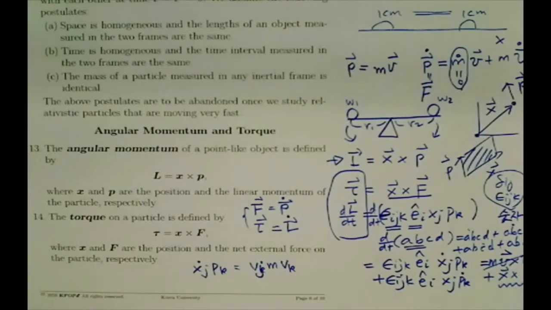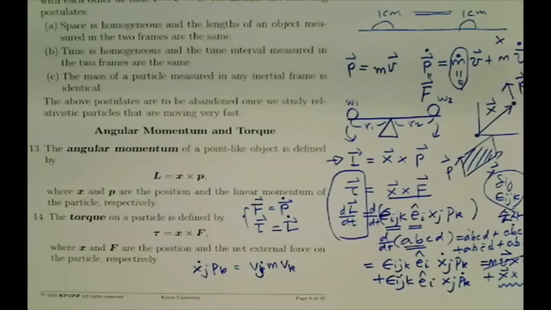Okay, next we consider angular momentum and torque. F equals ma is Newton's second law of motion for the linear case. However, Newton's law of motion is not only for the linear motion, but also for the rotational motion.